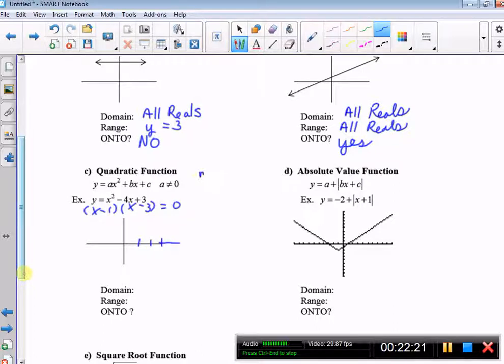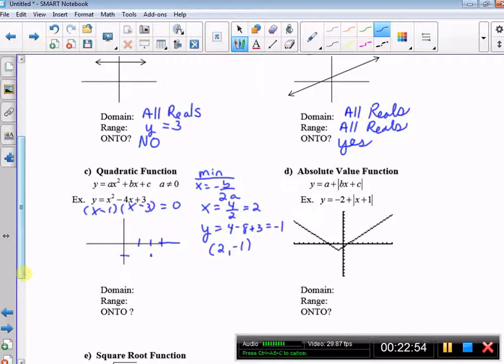If I find my minimum, that's x equals negative b over 2a. That turns out to be negative b, which is 4, over 2 times 1. So that's 2. And then if I plug 2 back into the original equation to find out what y is for that minimum coordinate, I would get 2 squared is 4 minus 8 plus 3, which is negative 4 plus 3, negative 1. So my minimum's at 2, negative 1.